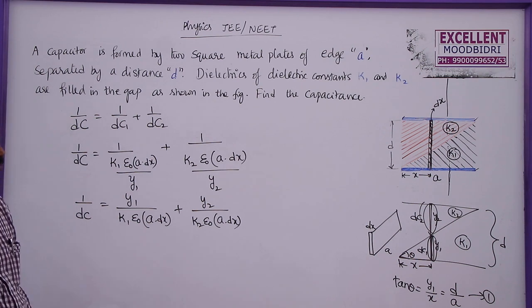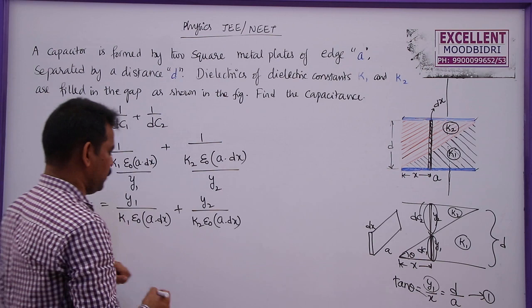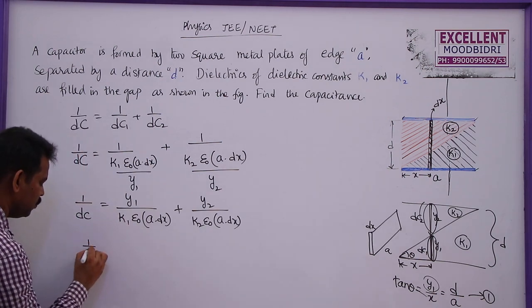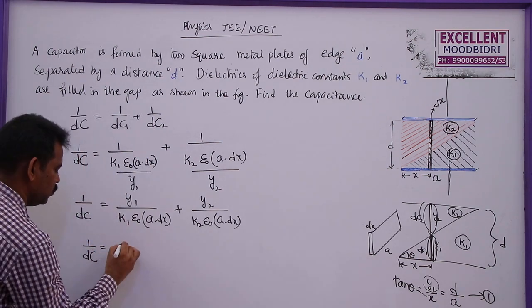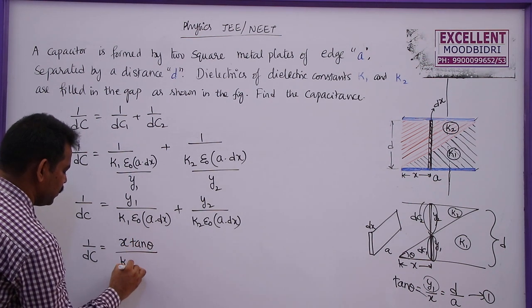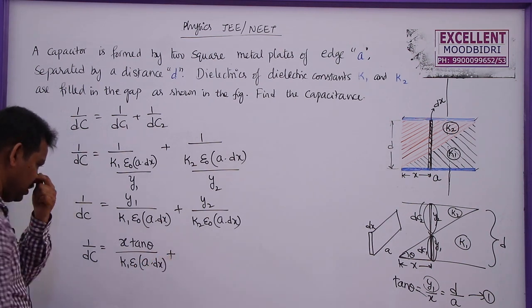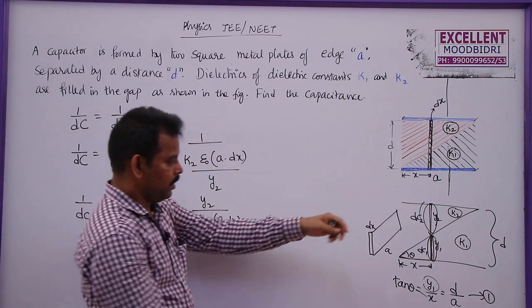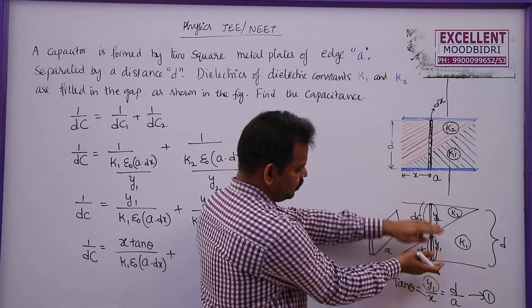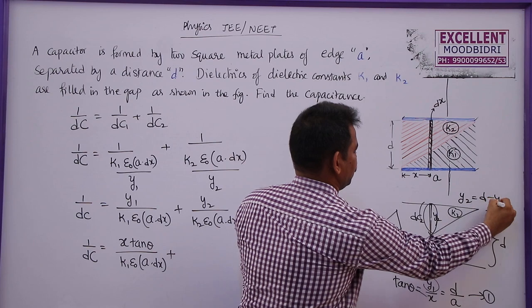But what is y1, what is y2? Here you can see y1 is nothing but x tan theta. So let me substitute that. 1 by dC is equal to x tan theta by K1 epsilon naught A dx plus, what is y2? You can see the distance between these two plates is d. This is y1. So y2 will be d minus y1.